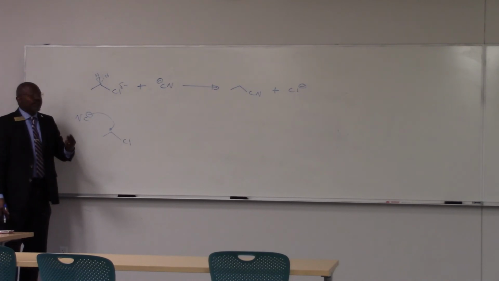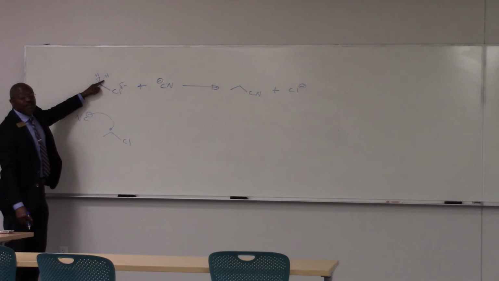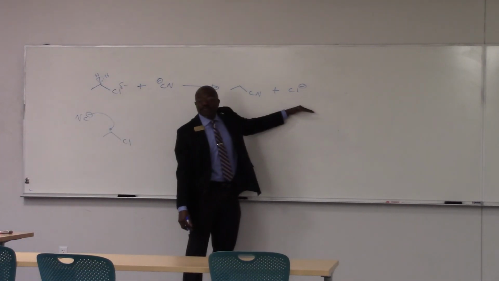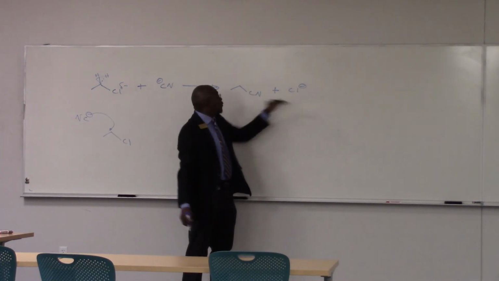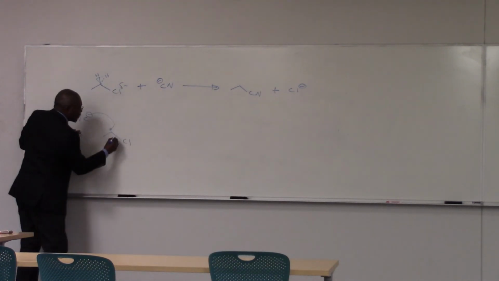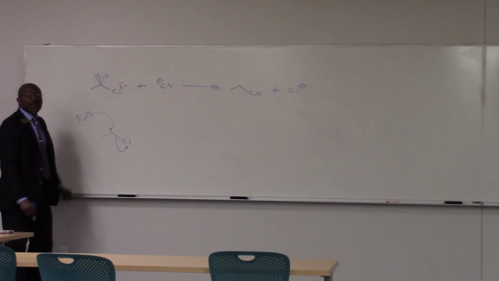Well, which 2? Well, not these, right? Because if it were those, my product would be H minus. I'm not losing H minus, right? That's not what the reaction is telling me. I'm losing Cl minus. So I know that what has to happen is we're going to do a concerted break of the carbon-chlorine bond.